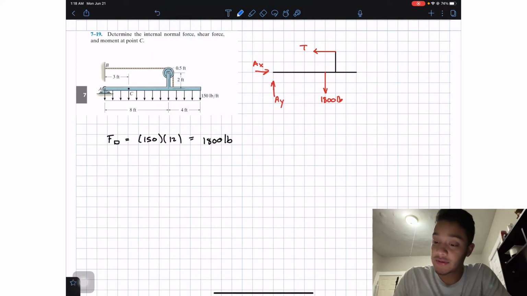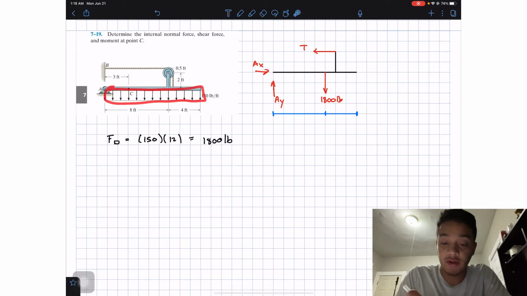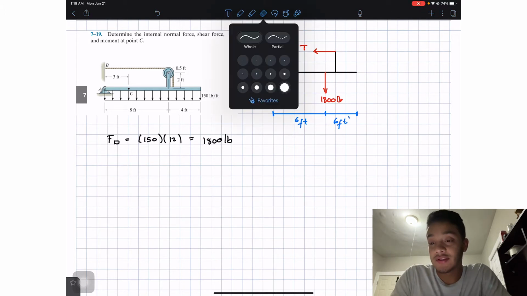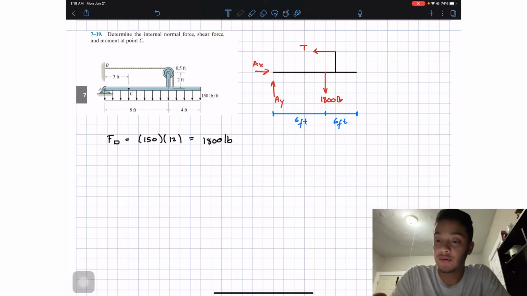The last thing that we're missing is where these forces are located. Since this is a rectangle, the location of this force should be in the middle. If the total base is 12, it should be 6 feet from each end. This doesn't seem really to scale, but it is okay for our free body diagram.